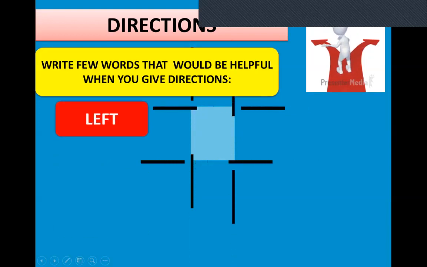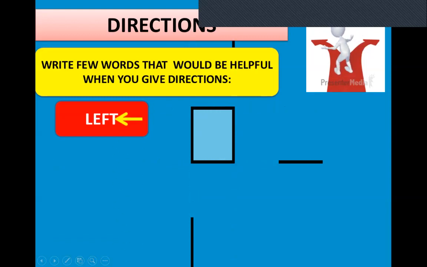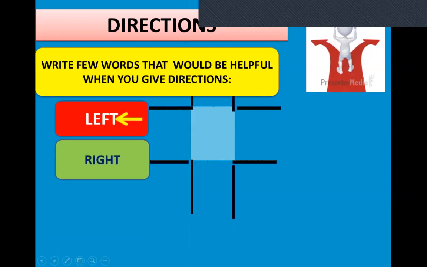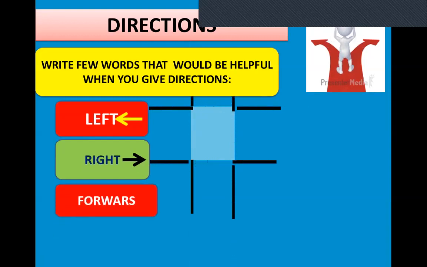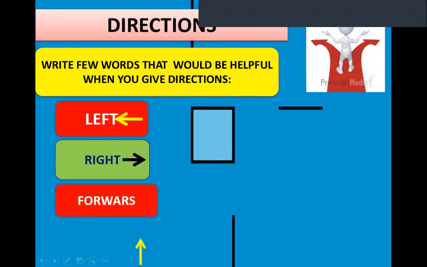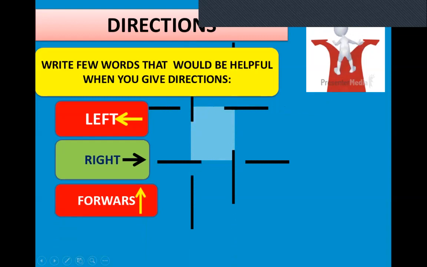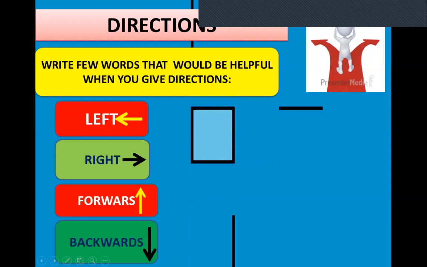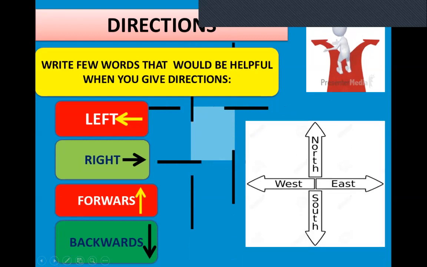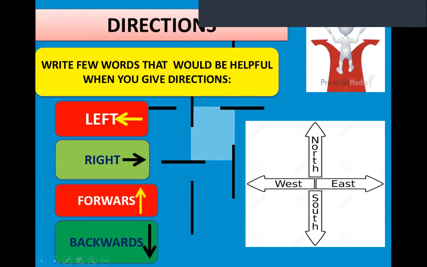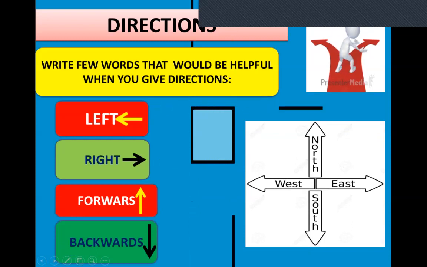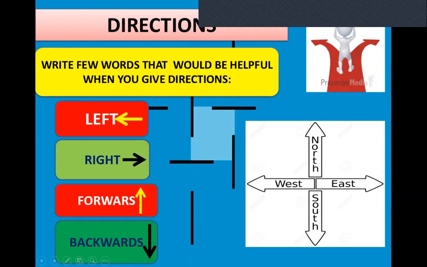Yes, one will be left to show them the left direction, or you will use right, or you will use forwards and backwards. Or we can also use the words like north, east, south, and west to give the directions.